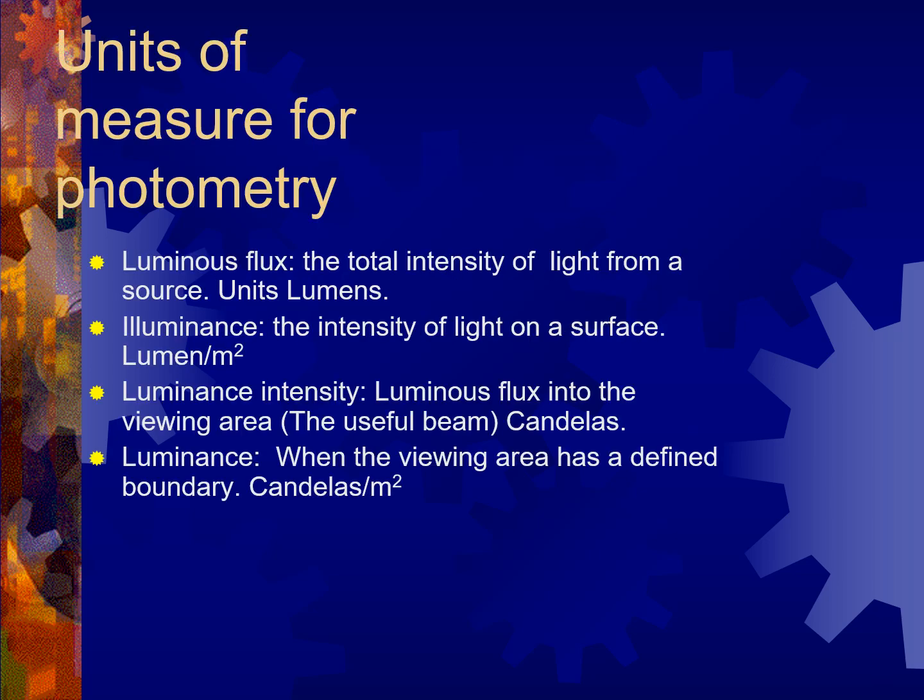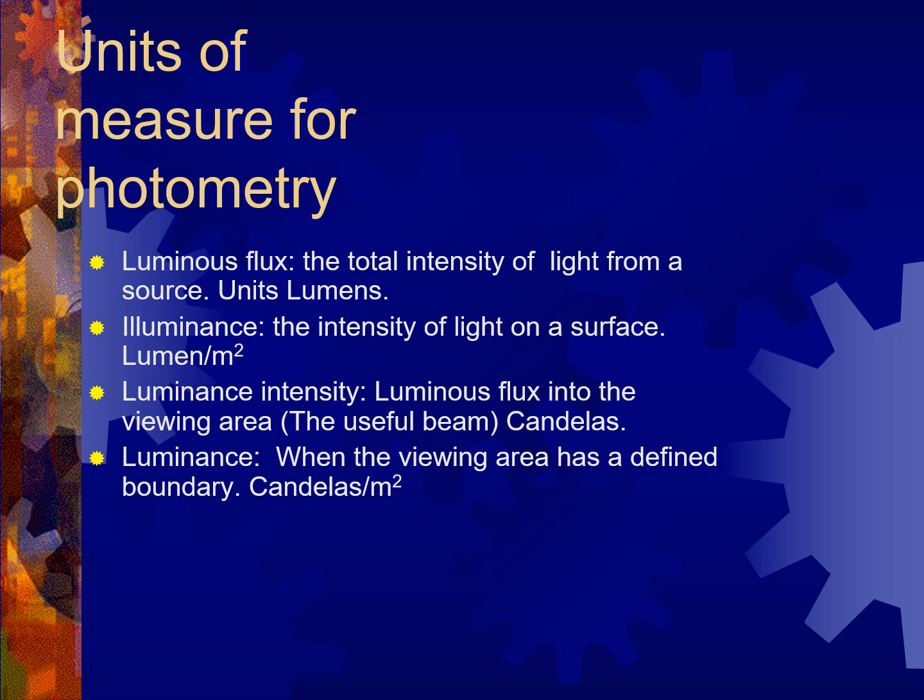Just a quick review. Units of measure. Luminous flux, or lumens, the intensity of light from a source. Illuminance is how bright is the light as that source broadcasts on a surface. Luminance intensity is through the viewing area, that is the steradian.